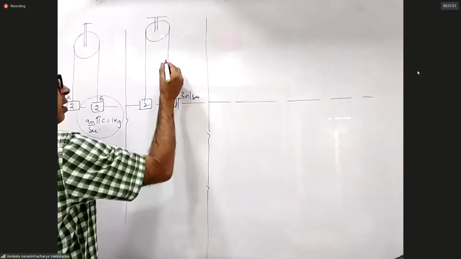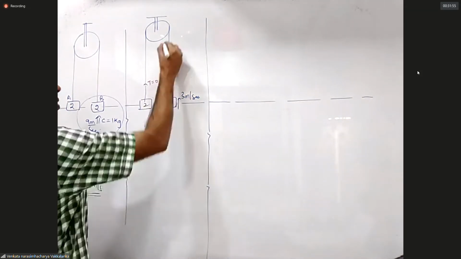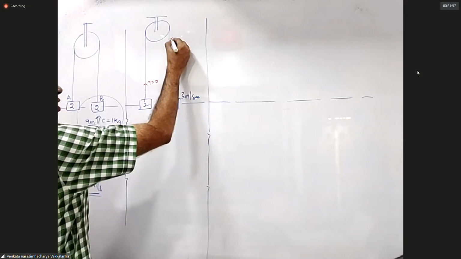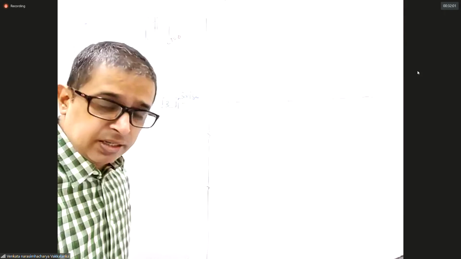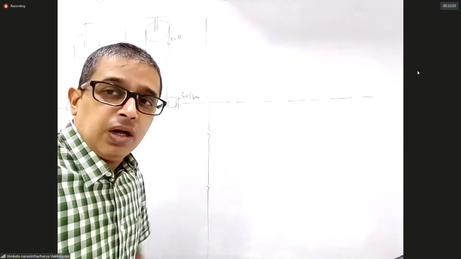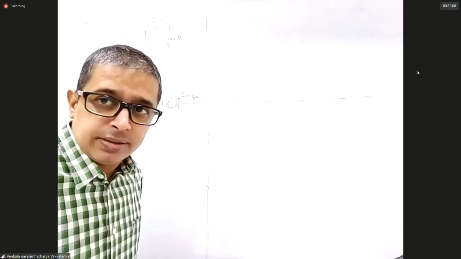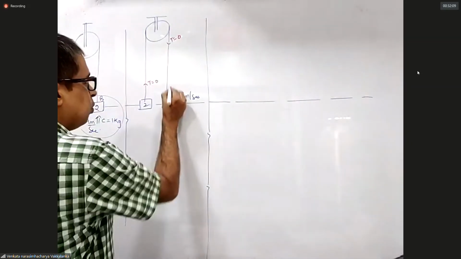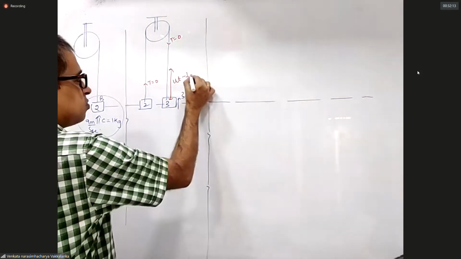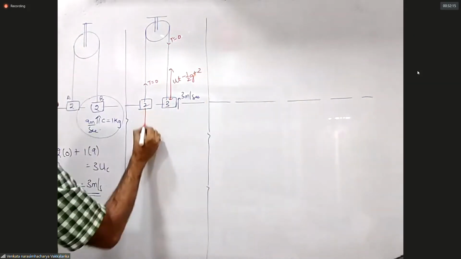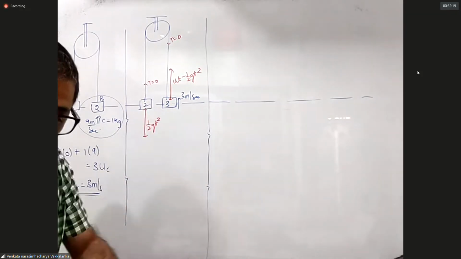Tension will become zero because you gave velocity for this in the upward direction. When will the string again become taut? When this moves up by a distance of ut minus half gt square, and this moves down by the same distance of half gt square.